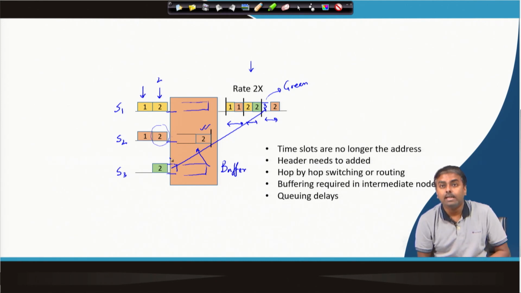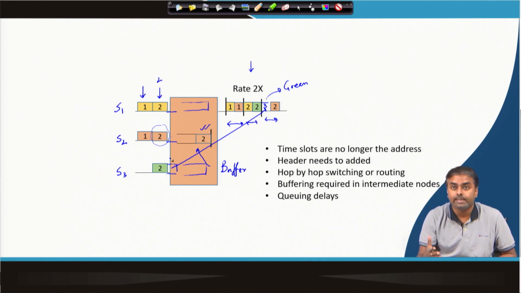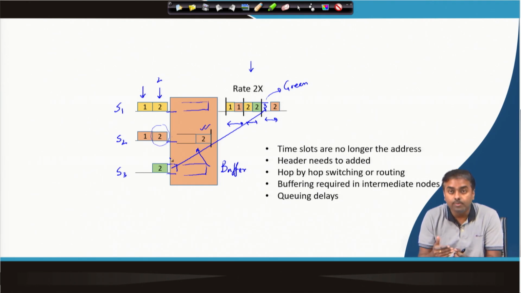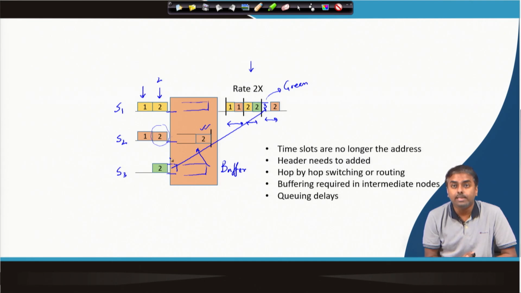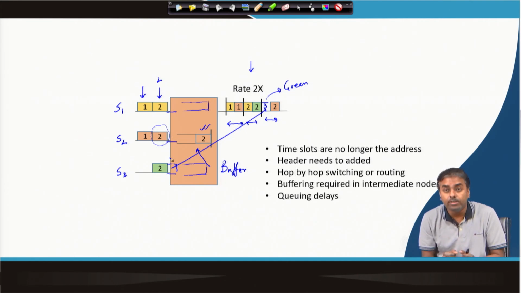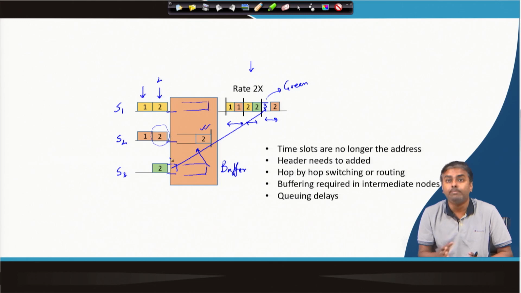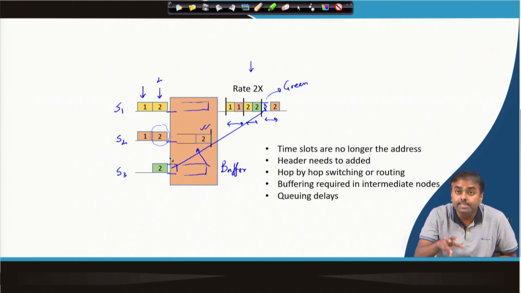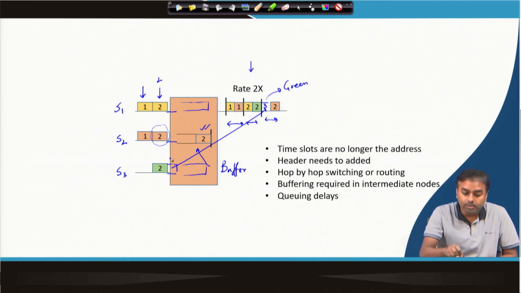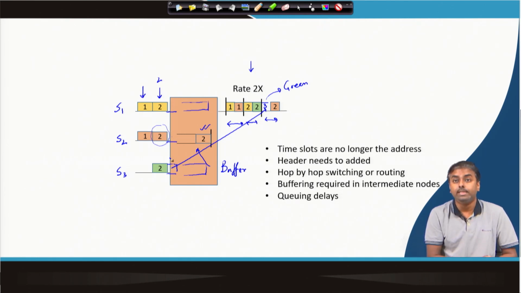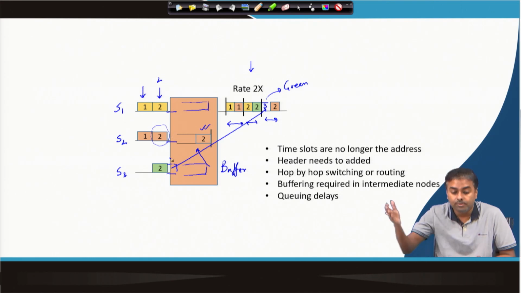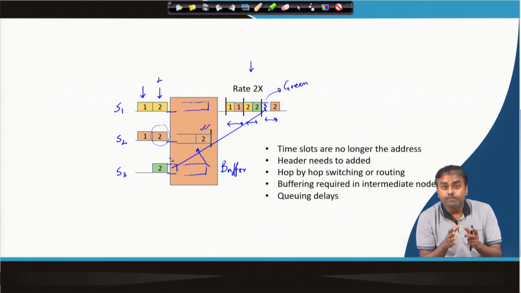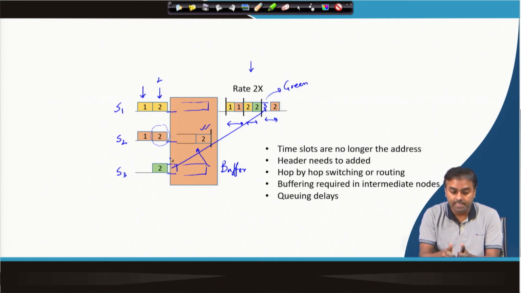Now the problem is that you have additional delay at the nodes, because you do not know when the chance to clear will come. That is random too, since it depends on how the sources are throwing data. So now there is additional delay incorporated in the network, which is the queuing delay in every buffer of the corresponding multiplexers or switches that you put. So these buffers have to be introduced for statistical multiplexing.